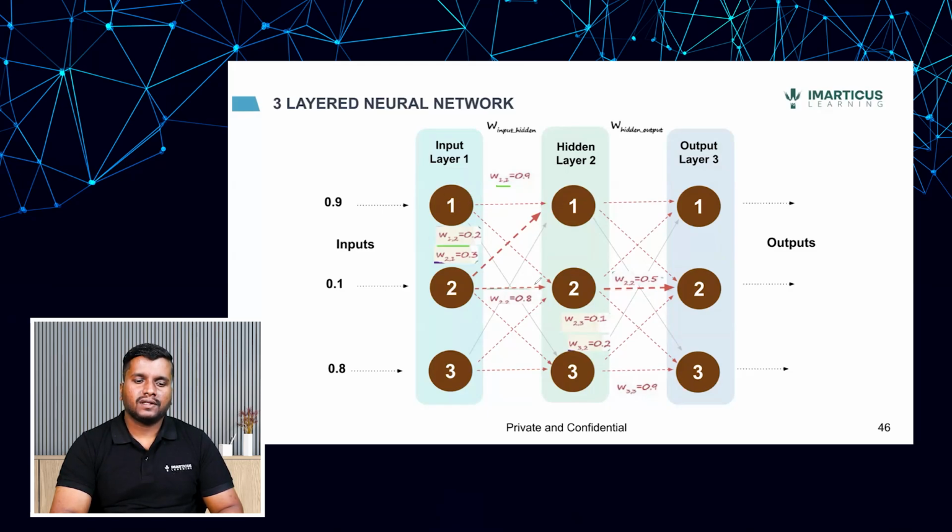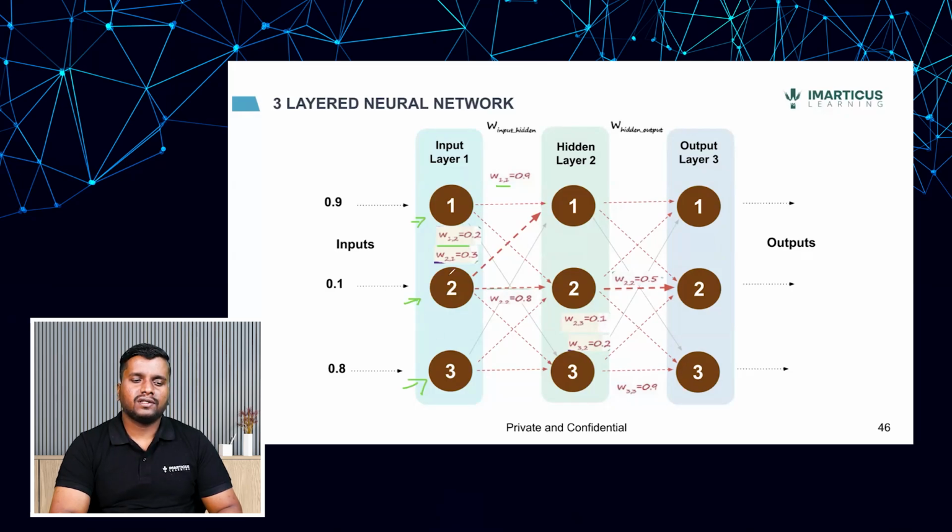Now when we talk about multiple neurons, each neuron becomes a judge. Each neuron has its own weights and biases, and it has its own activation function. The activation function can be the same in a single layer, and the input value is also going to be the same, but the weights are different for each neuron in that layer.